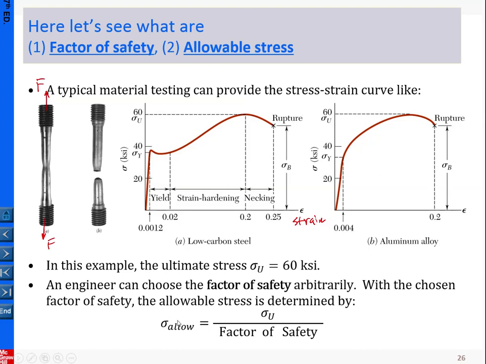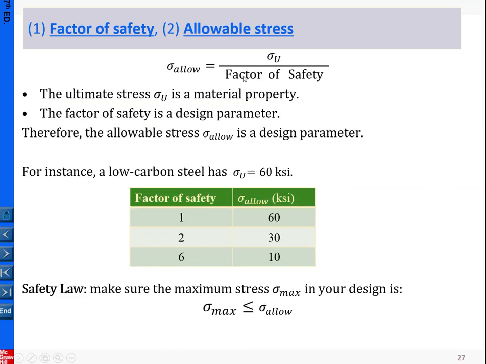Here, using this, we introduce the two terms. Again, the ultimate stress divided by the factor of safety, which is your pick, will produce the allowable stress. And allowable stress is a design parameter. For example, for low carbon steel, we have factors of safety 1, 2, 6, and allowable stresses 60, 30, 10.